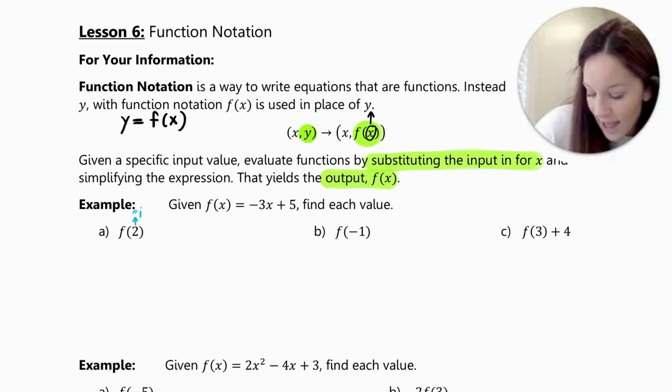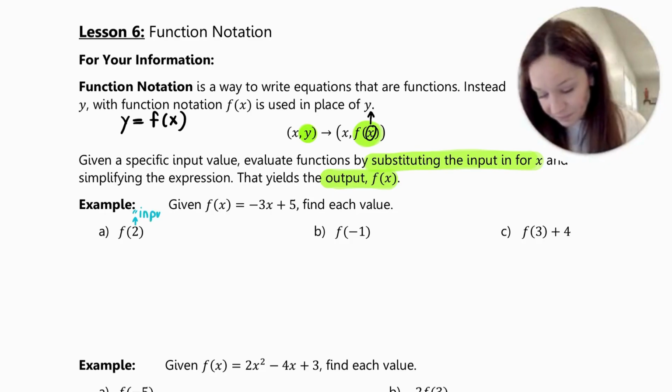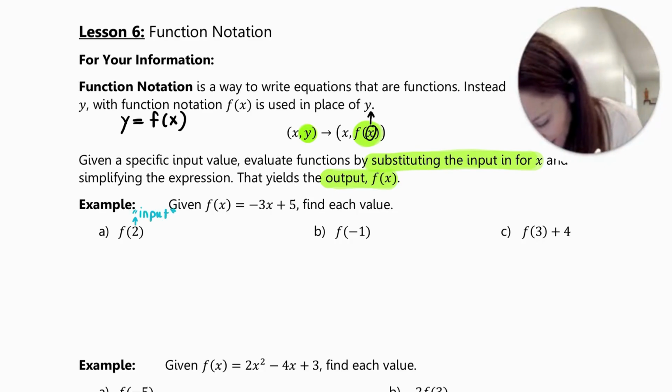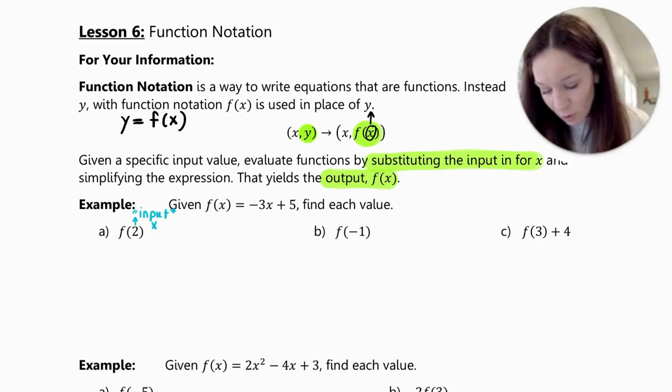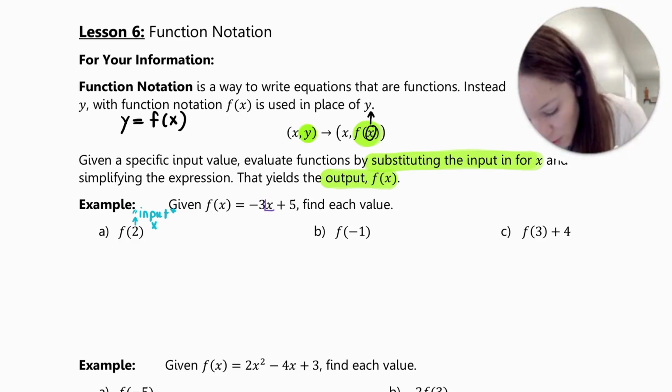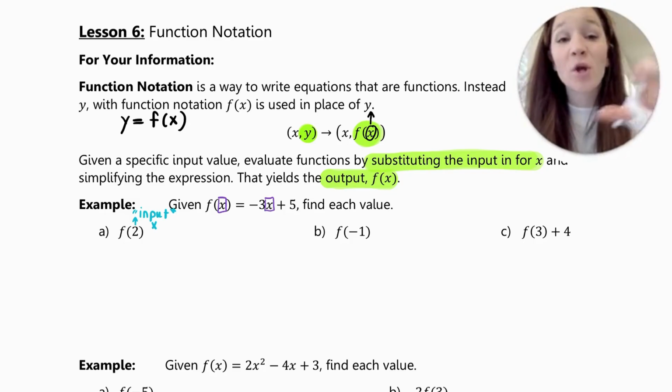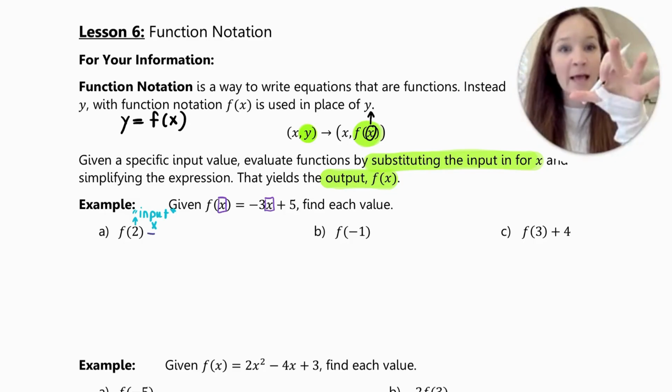If we look at f of 2, letter A, they're telling us that 2 is our input. It is our quote-unquote x. And so wherever we see an x, in our function machine, we're going to pull out that x and throw our input of 2 in for it.